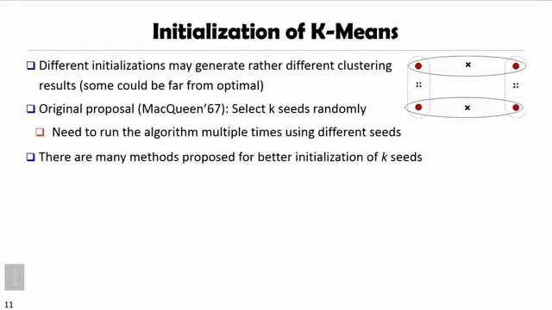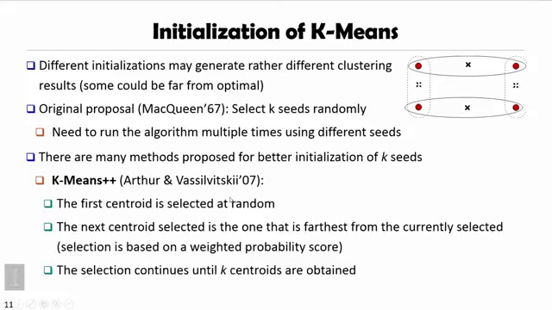There are many other methods proposed for better initialization. For example, there's one called k-means++, proposed in 2007. Essentially, the ++ initialization is as follows. The first centroid you can select randomly. But for the next centroid, you try to find the point farthest from the currently selected points.